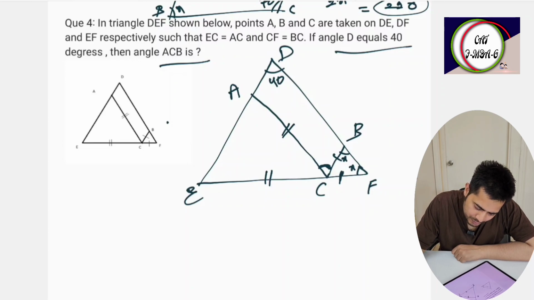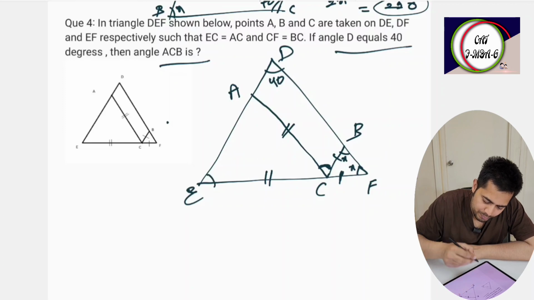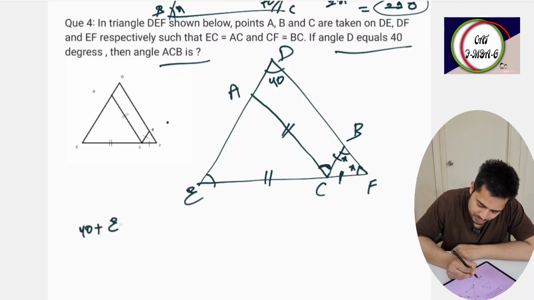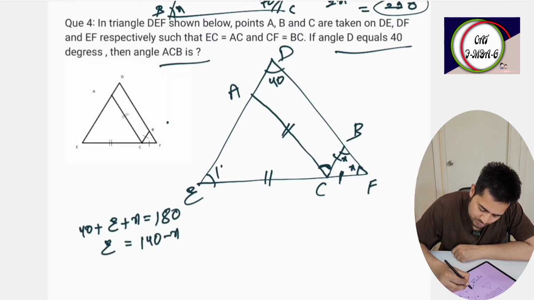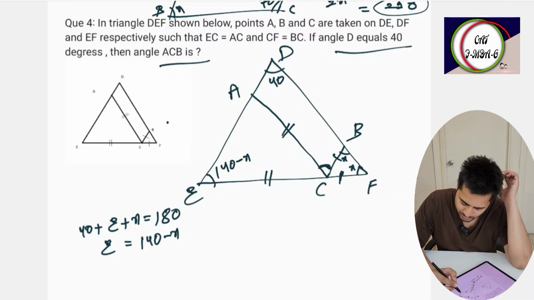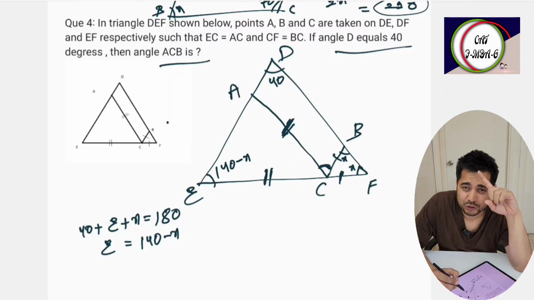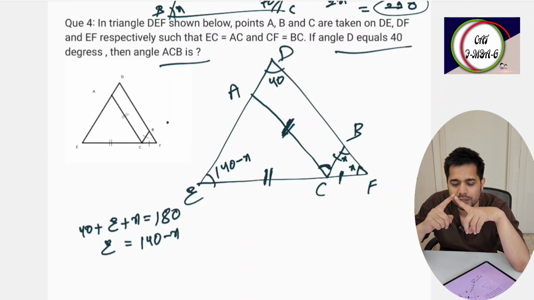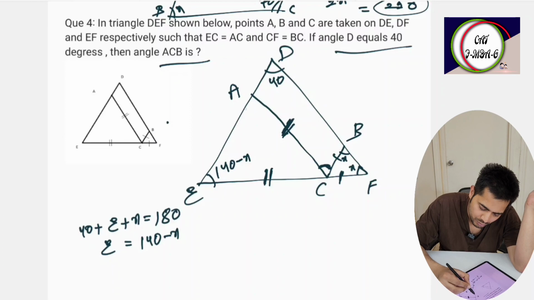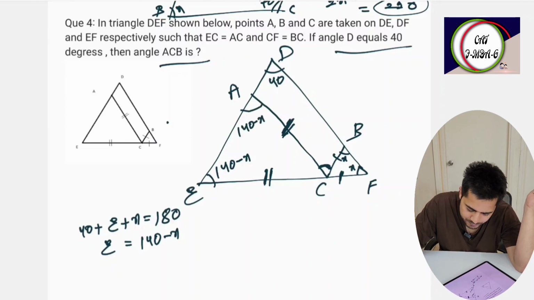And this is X. So in the triangle, 40 plus E plus X is equal to 180, so E is going to be 140 minus X. And AC is equal to EC. I told you in an isosceles triangle, if two sides are equal, then both the angles are going to be equal. So this is also going to be 140 minus X.